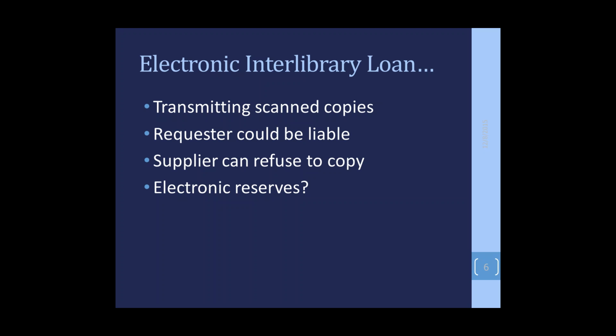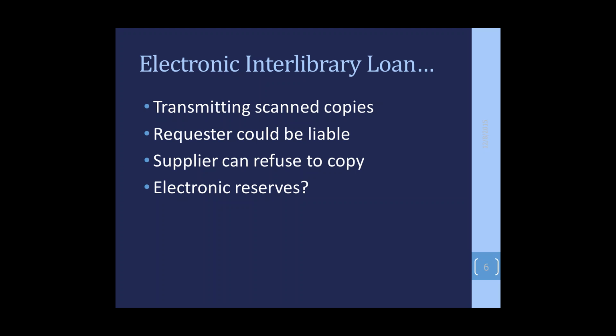So now the other library, the lending library, is tasked with usually making a scanned copy, or in some way a copy of it, and sending that back to the requesting library, who then gives it to the patron.